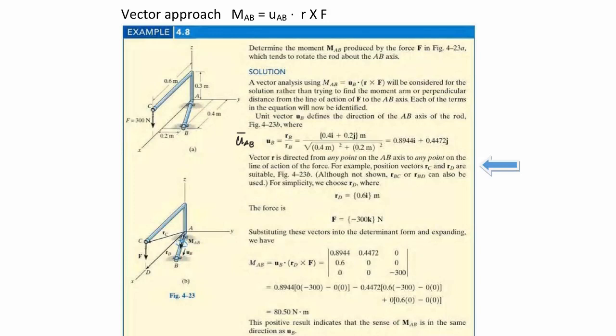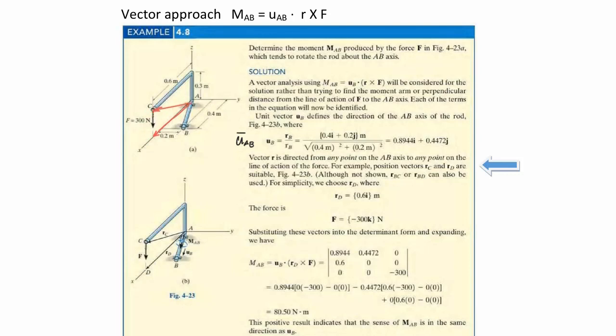I'm just going to draw them all for you. You could have one of them originating from here, going all the way to the line of action of the force, or it could go right there. Now the textbook has chosen to use the easiest one, which is right down there, and that's what we'll walk through in a second. But this is also a perfectly good R vector.